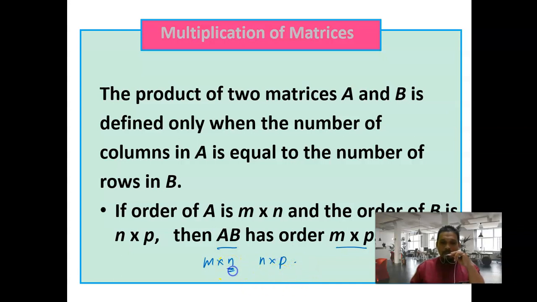The columns of matrix A must equal the rows of matrix B. When these two are equal, we get the matrix AB with the order of m times p. So before we get the matrix of order m times p, make sure that the columns of the first matrix A equal the rows of matrix B. And A times B is not equal to B times A.